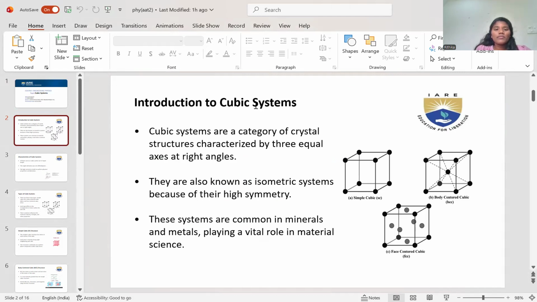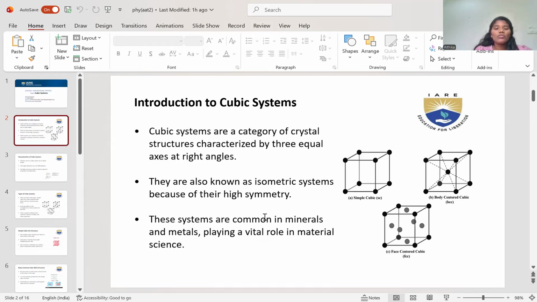Introduction to cubic systems. Cubic systems are the simplest of crystal structures, characterized by three equal axes at right angles. They are also known as isometric systems because of their high symmetry.